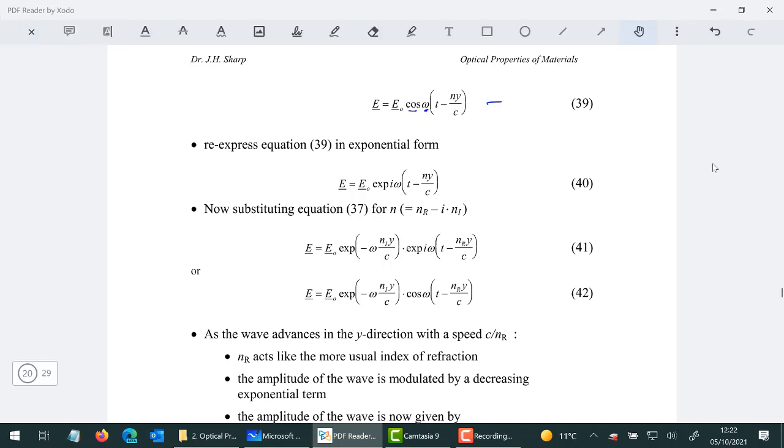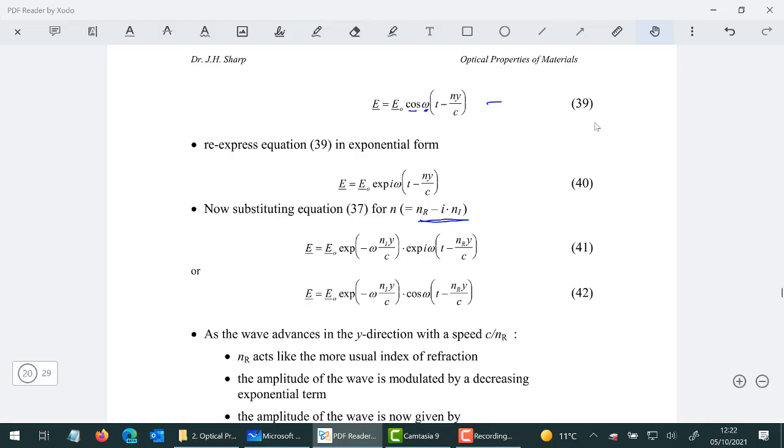Okay, so if we substitute in our complex refractive index, then because we've got exponentials, we can simplify things fairly straightforwardly so that we have our original amplitude E naught. We have an exponential term here, which is a real exponential and it's negative, so that's a decaying exponential.